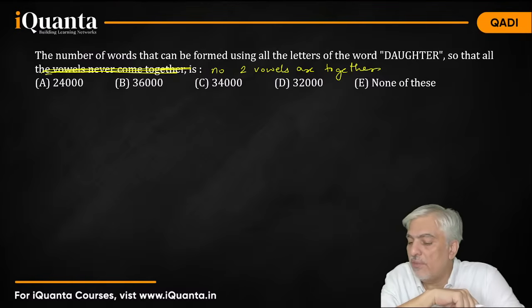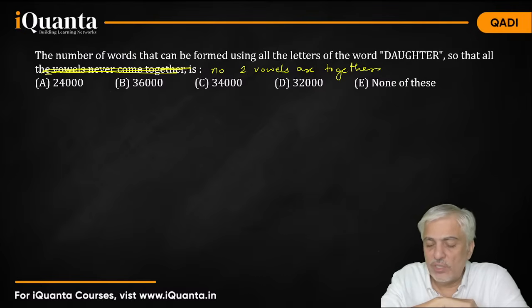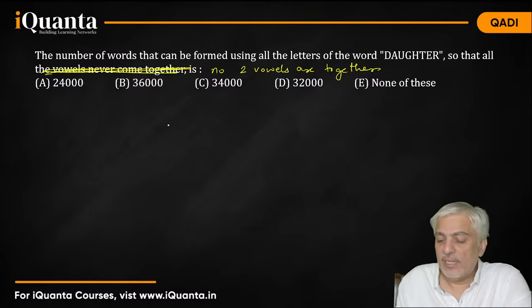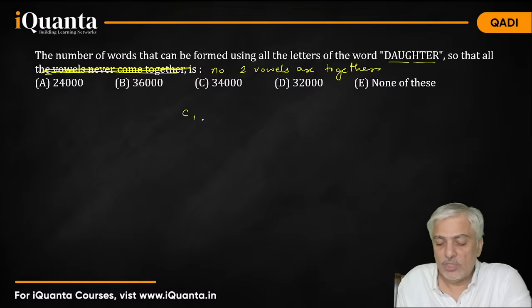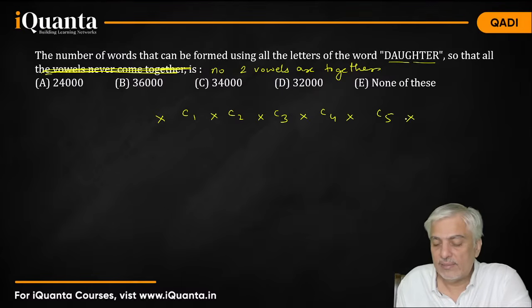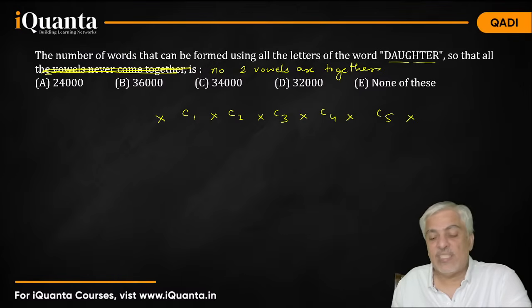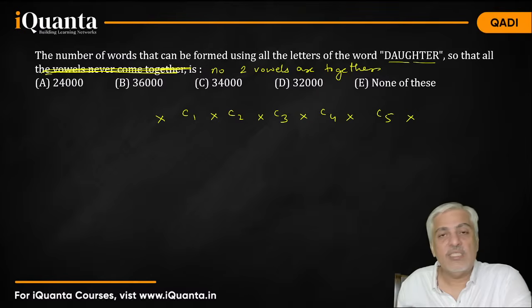Okay, Preetham is saying 5 factorial. I also don't know the answer for this question, so I'm also going to try. There are totally 4 plus 4, 8 letters. 3 of them are vowels, so 5 are consonants. Consonant 1, consonant 2, consonant 3, consonant 4 and consonant 5. Between this, I can have 6 places where I can arrange the vowels. So 6 places for 3 vowels, that will be 6P3 into 5 factorial.